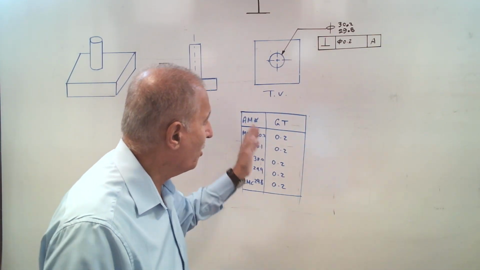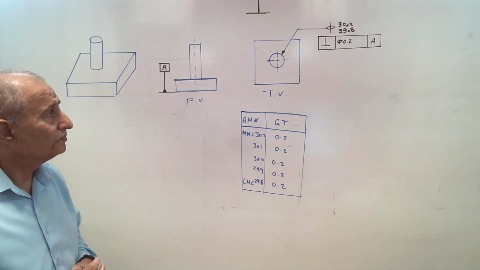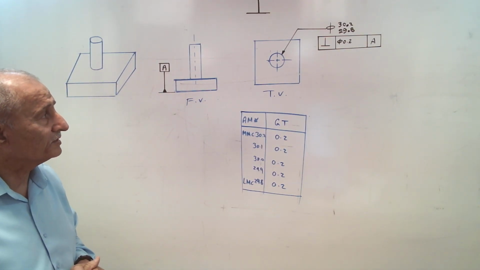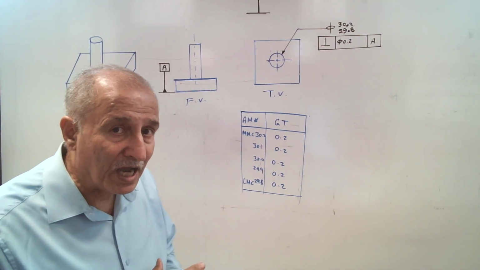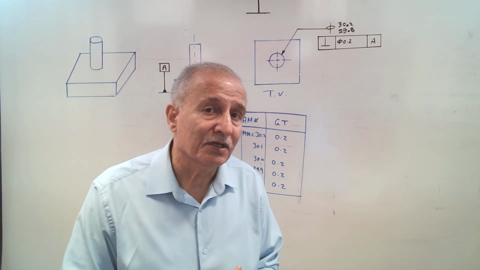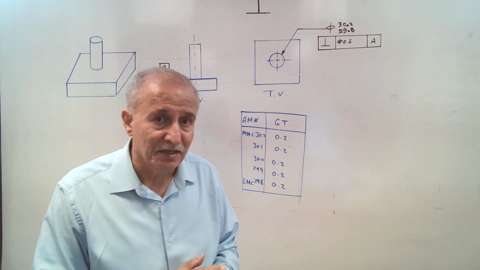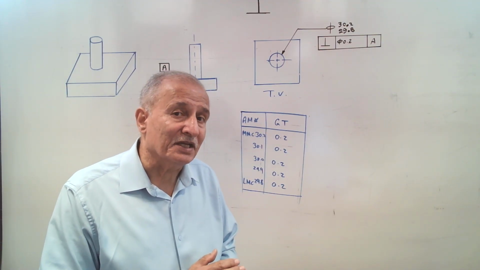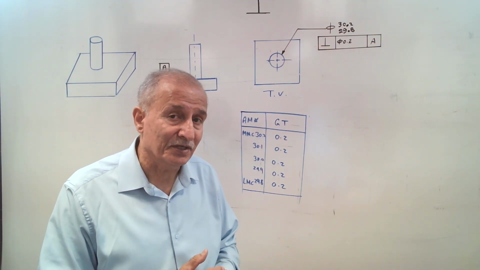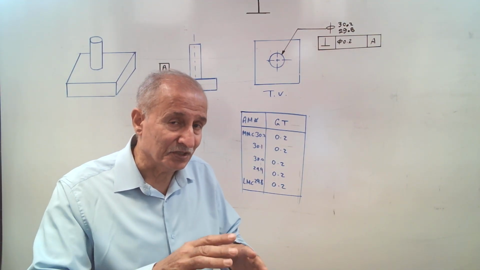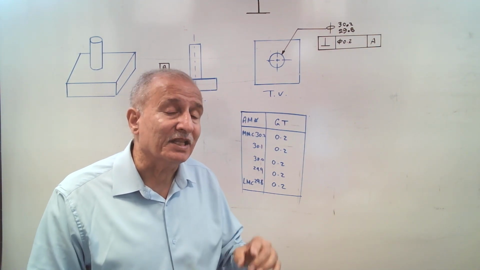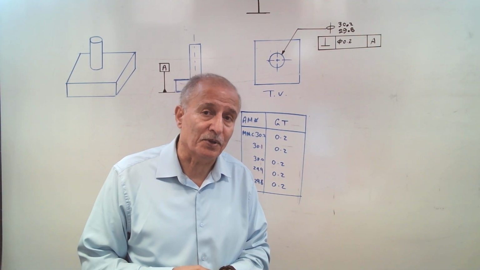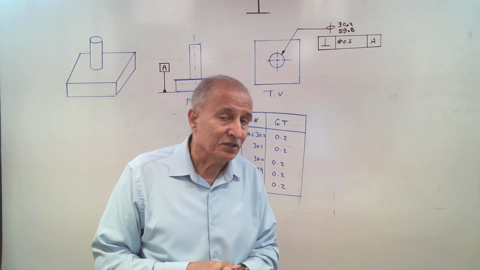And for all sizes, the perpendicularity error is equal to 0.2. What does it mean? It means that the axis of this shaft must lie inside a narrow cylinder, consider three-dimensional, and that narrow cylinder must be perpendicular to datum A, not the axis.